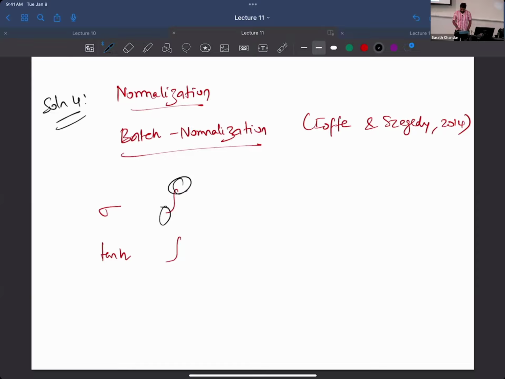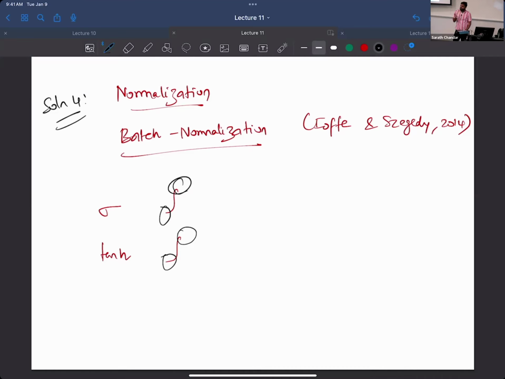Is that clear? The same is true for tanh as well. The tanh dash is between 0 and 1, and it's going to be close to 0 when your activation function is saturated, when it is close to +1 or close to -1. Is that clear? Any question?